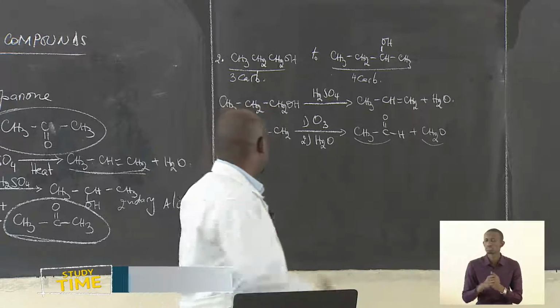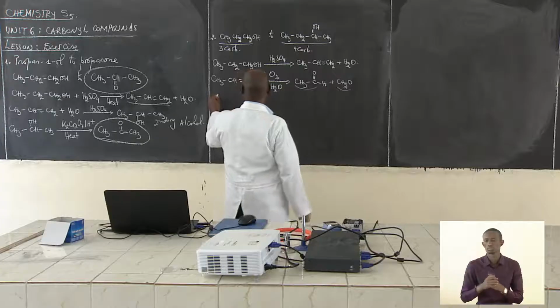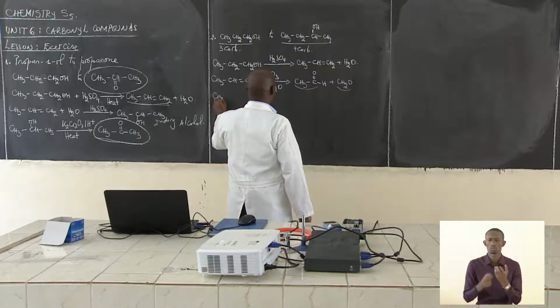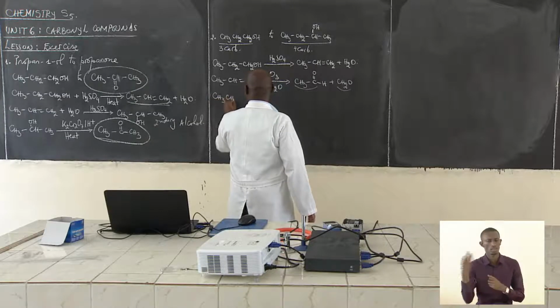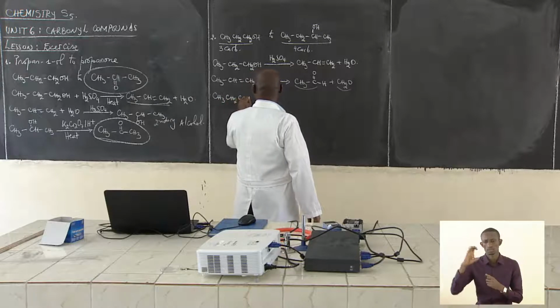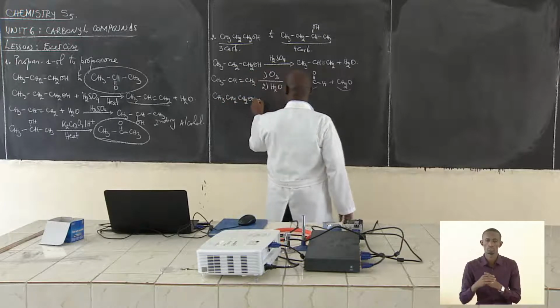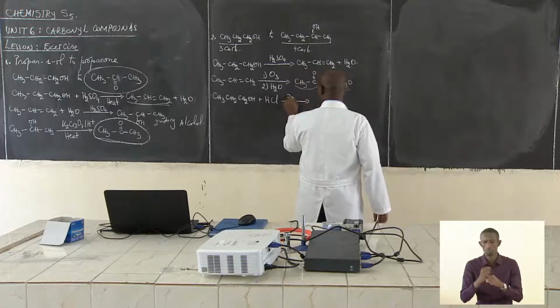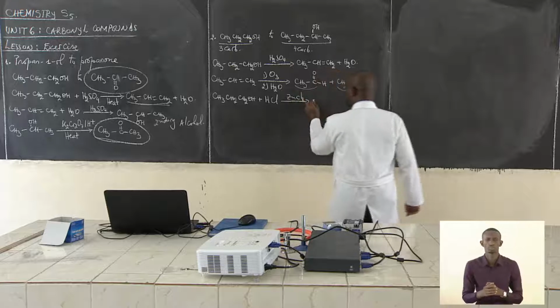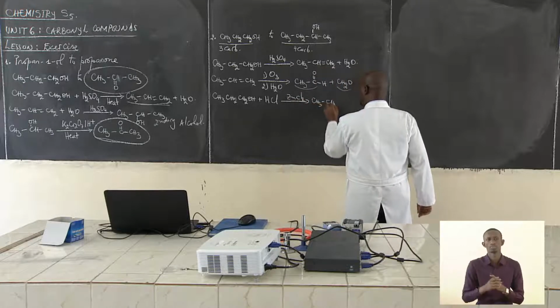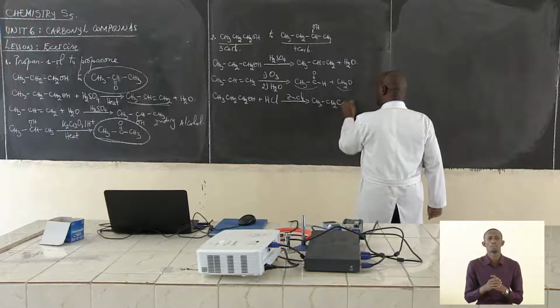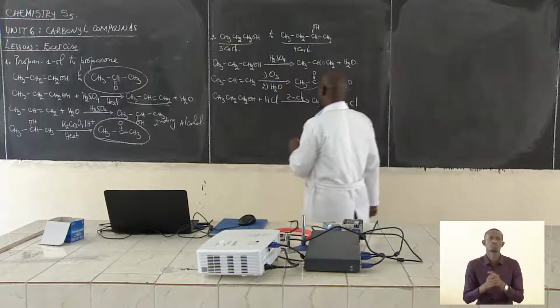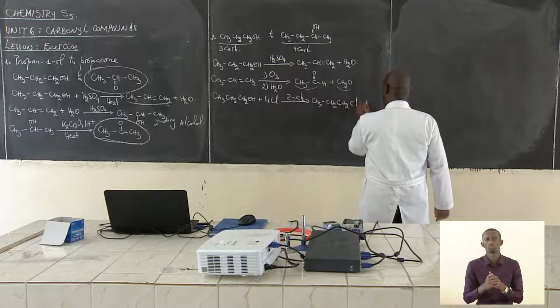So what do we do here? Here we have CH3CH2CH2OH that can be transformed. If we use HCl in the presence of zinc chloride, we produce CH3CH2CH2Cl and H2O.